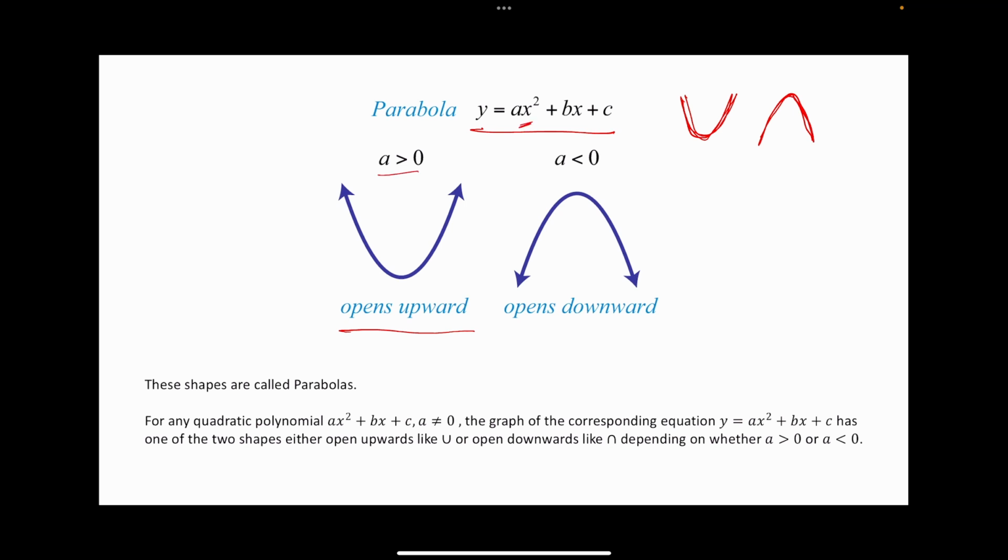And when it opens downwards, that means the coefficient of x square is negative. So the graph only depends on the coefficient a. So a greater than 0 can be anything: 1, 2, 3, 4, and a less than 0 can be minus 1, minus 3, minus 5, minus 10, and so on. So this is about the parabola.